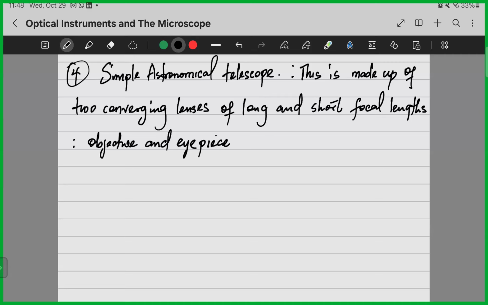Similarities between the compound microscope and astronomical telescope. Right. So take note of these things.